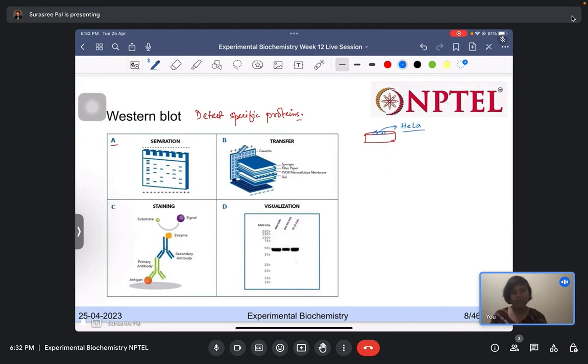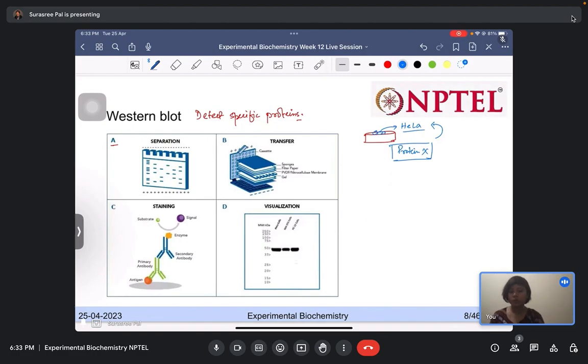We are growing these HeLa cells, and we want to check whether protein X, some protein, is being expressed in these HeLa cells or not. So we want to check whether protein X is expressed in HeLa cells.